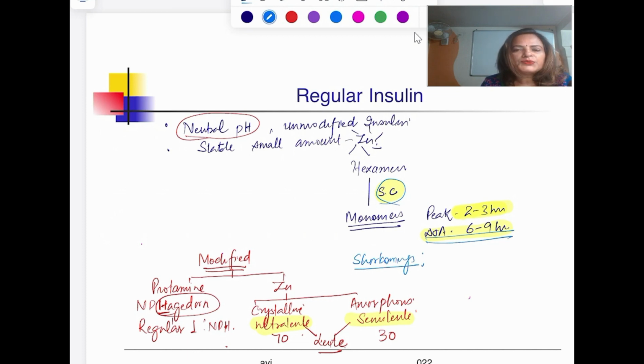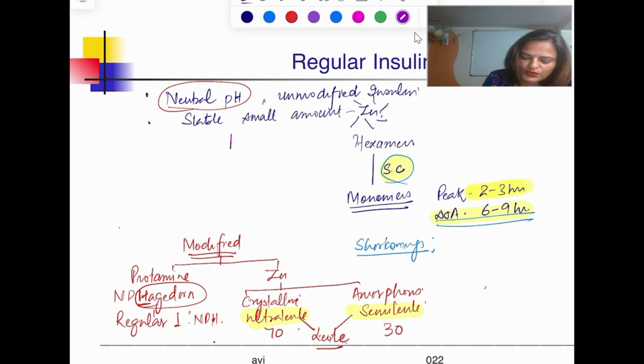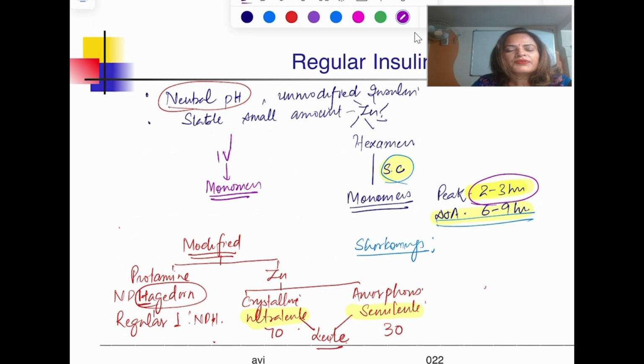But one advantage of regular insulin is when we give it by IV route. The monomers are released immediately, so there is no delay of 2 to 3 hours for the peak effect; the peak effect is seen immediately with the IV route.